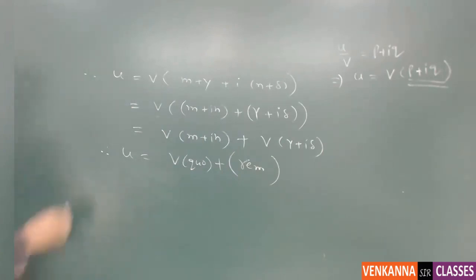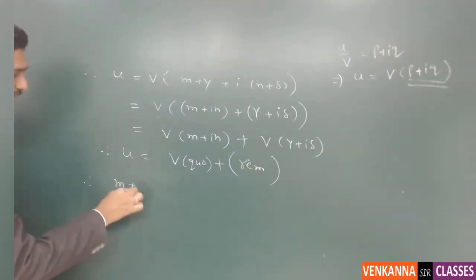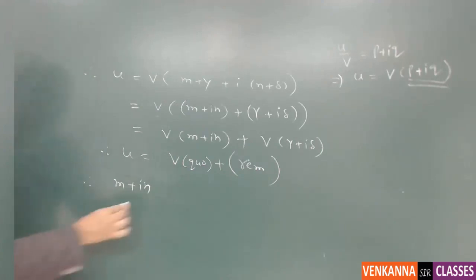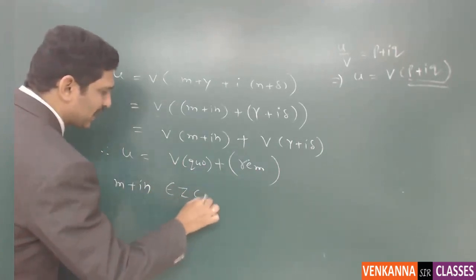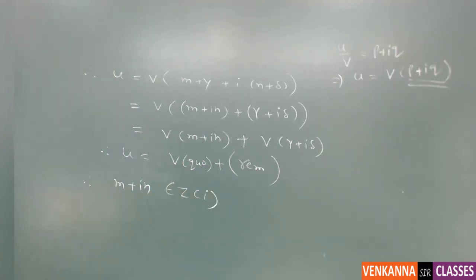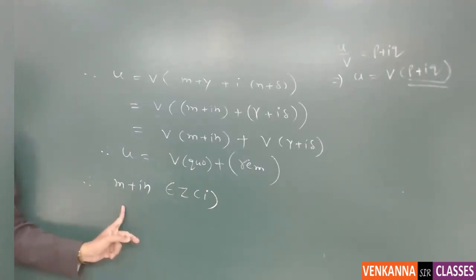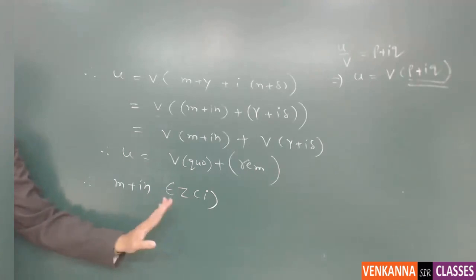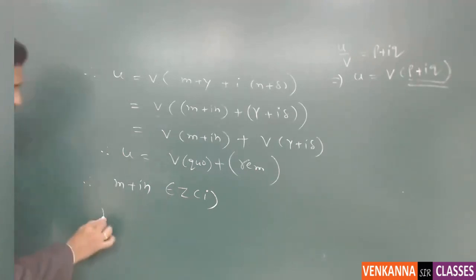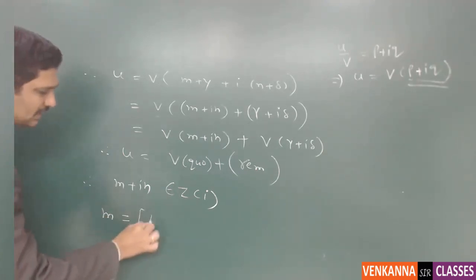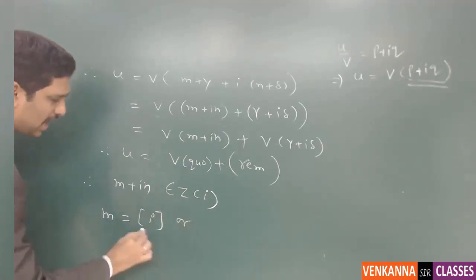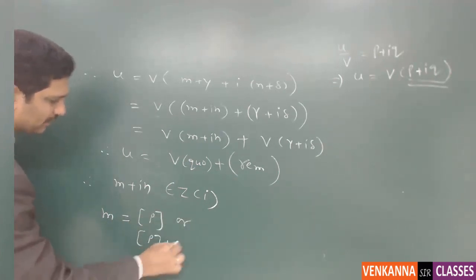So what is the quotient here? m plus in is the quotient, and this value belongs to Z of i. How can I say that this value belongs to Z of i? Because the possibility for m is the integer part or integer part plus 1.